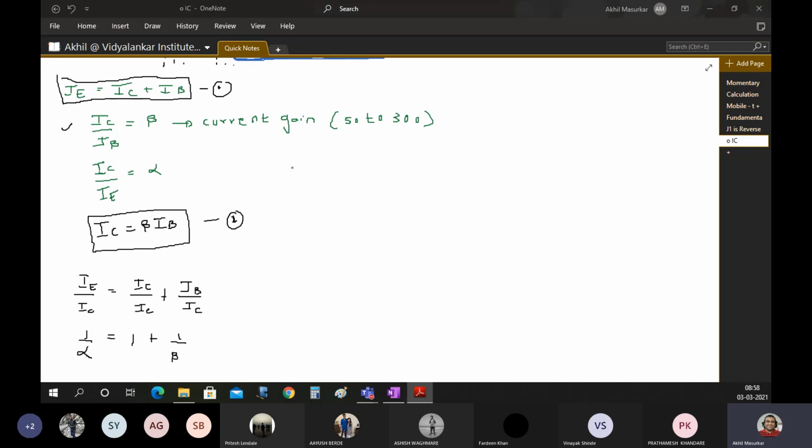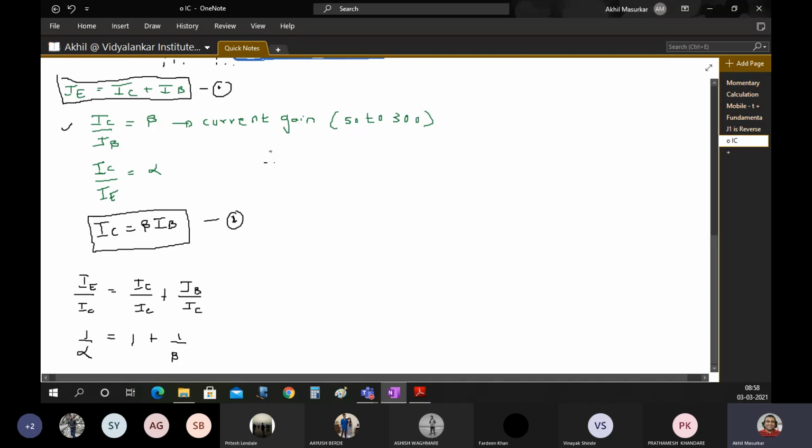So we can write, therefore, 1 by alpha is equal to beta plus 1 upon beta. Therefore alpha is equal to beta upon 1 plus beta.